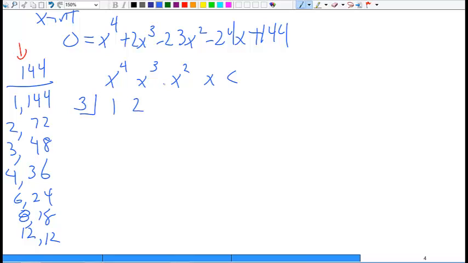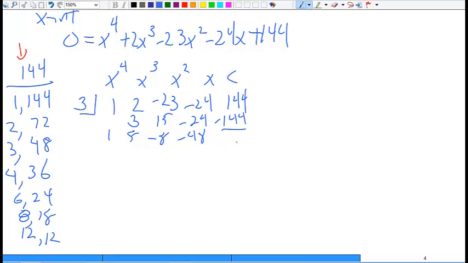Alright, let me collect up the coefficients. 1, 2, negative 23, negative 24, and 144. Alright, so if I put a 3 in there, drop the 1, multiply gives me 3, add, I get 5, then 15, add that together, gives me negative 8, multiply that and I get negative 24, which gives me negative 48, which gives me then negative 144, which gives me 0.